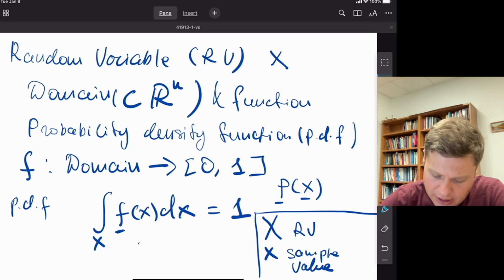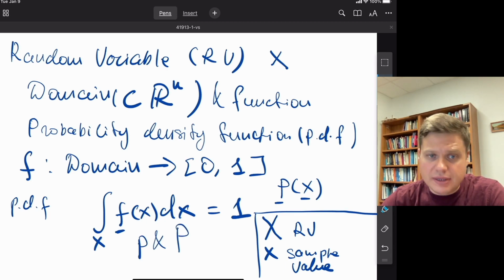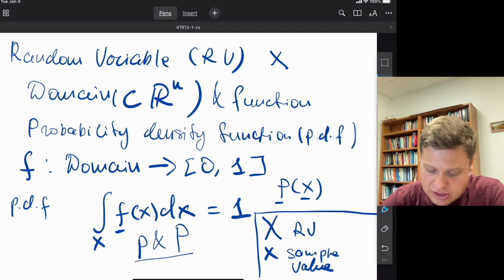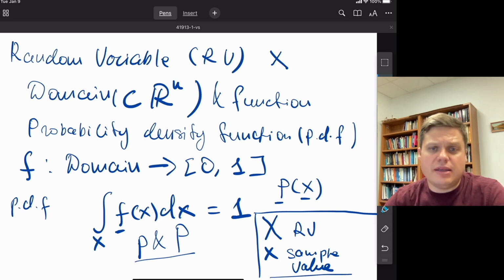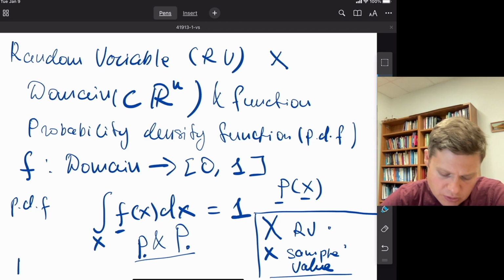You will also see small p for the density function, and capital P for the probability function. In this course, I will not make this distinction. Usually from the context, it's relatively clear whether we're talking about a random variable or a sample from this random variable, and whether we're talking about the density function or the probability function. So we're always going to be using small p, and we're always going to use small x.